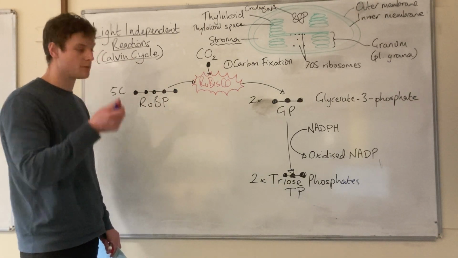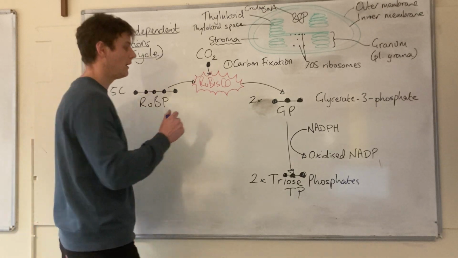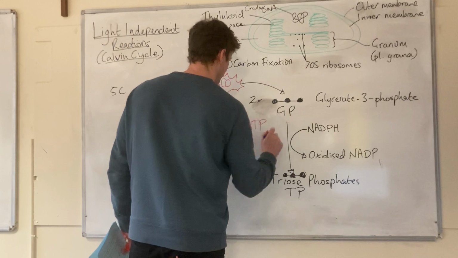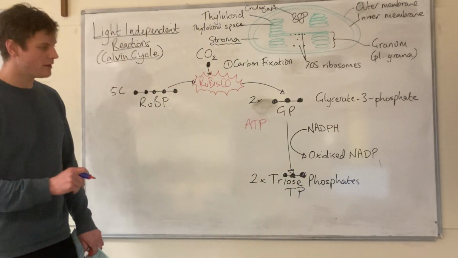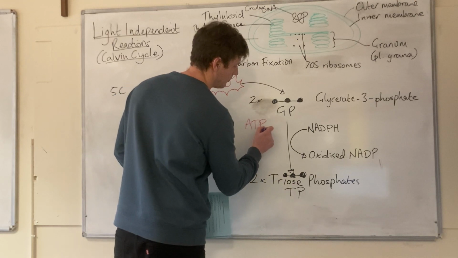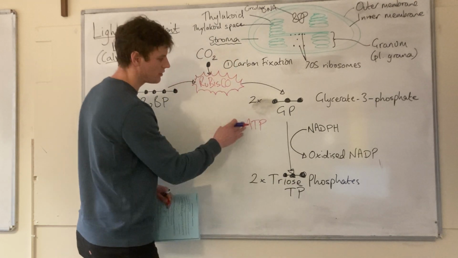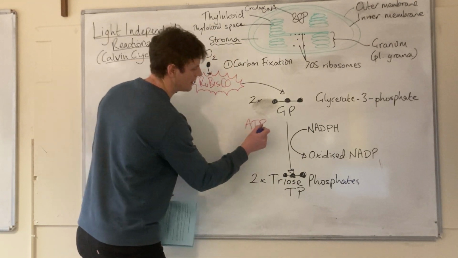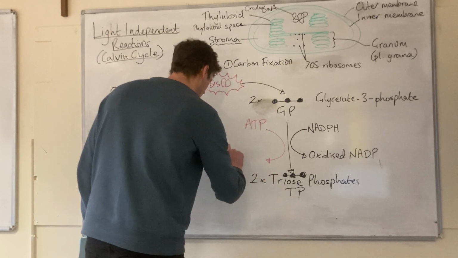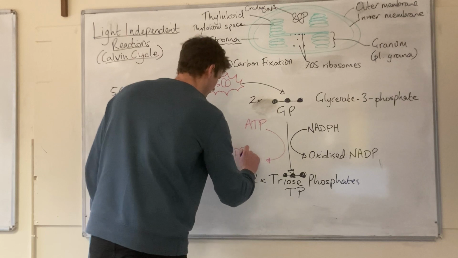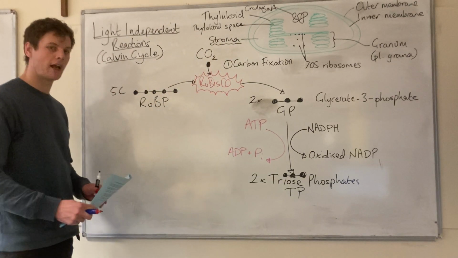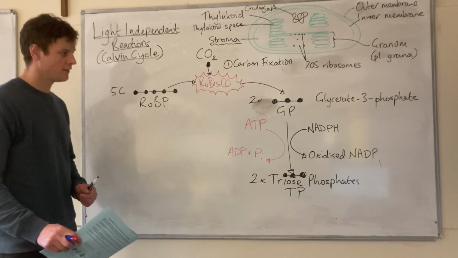The other product of the light-dependent reactions was ATP. So that ATP from the light-dependent reactions provides energy through hydrolysis. The ATP is hydrolyzed down into ADP and inorganic phosphate, releasing energy.